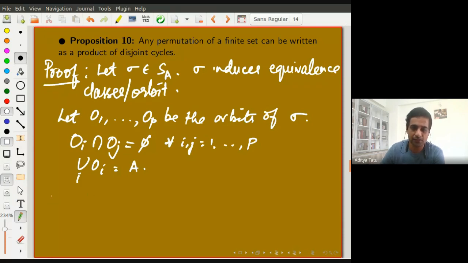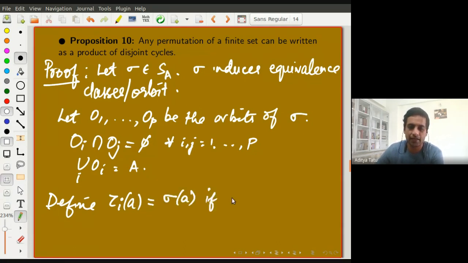So what I can do is define, let's say, tau i, such that tau i applied to a gives me sigma applied to a if a is in the ith orbit, and otherwise, if a is not in the ith orbit, then just keep it fixed.